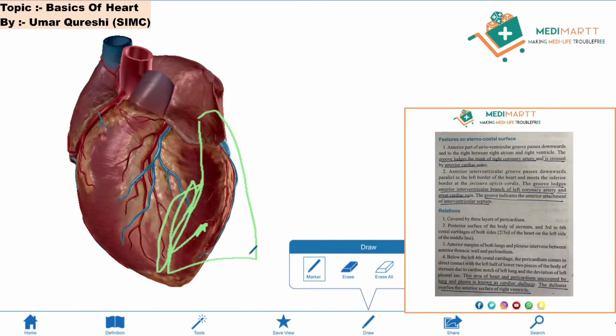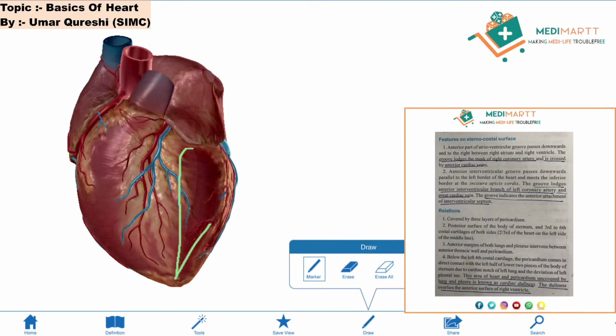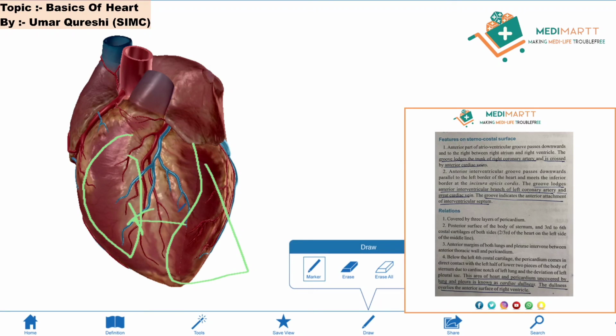The dullness overlies the anterior surface of the right ventricle, which means it only covers the right ventricle. So it is covering this part also, coming over the right ventricle.